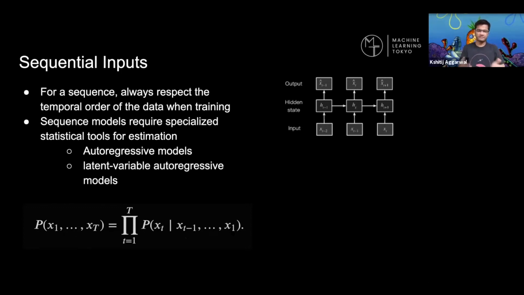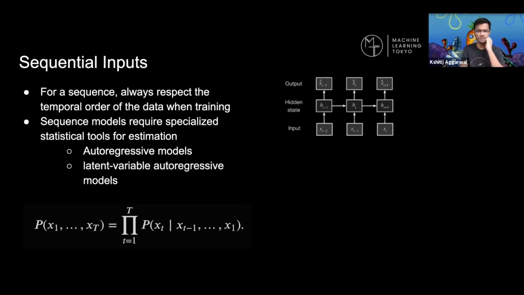This can be done by using a lot of different words preceding the word I want to predict. For example, I have a statement with 4 words. I can use those 4 words to predict the 5th word, or I can encode the information of those 4 words into a latent variable or a hidden state, and then use that hidden state along with my input to generate the 5th word. The second approach is called the latent variable autoregressive model, which is also shown in this flow diagram here.